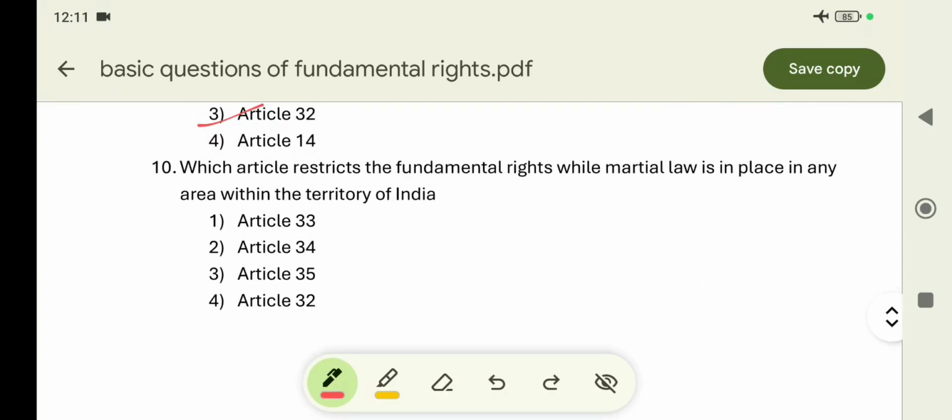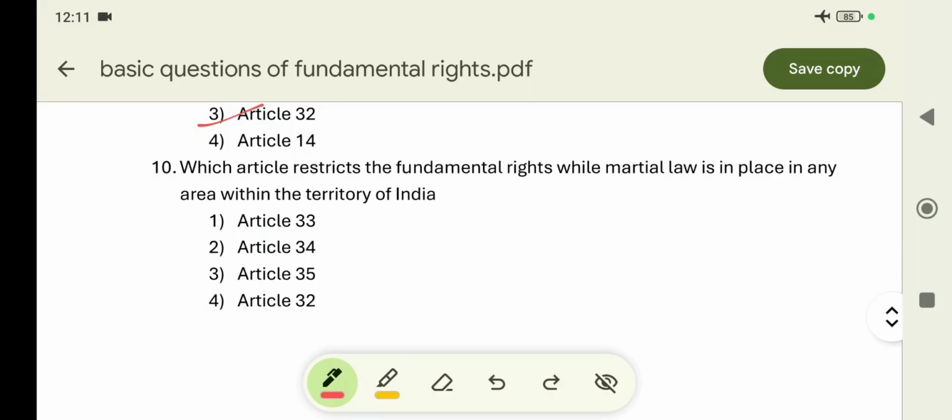10th and last question. Which article restricts the fundamental rights while martial law is in place in any area within the territory of India? Some fundamental rights have reasonable restrictions.